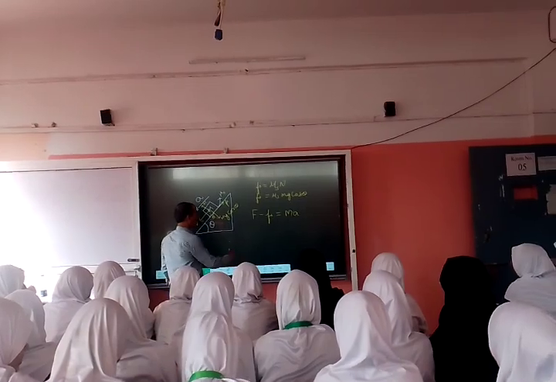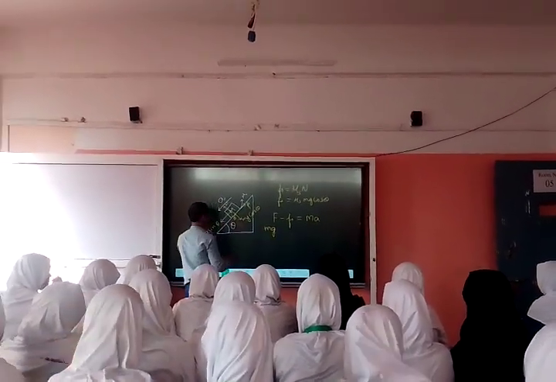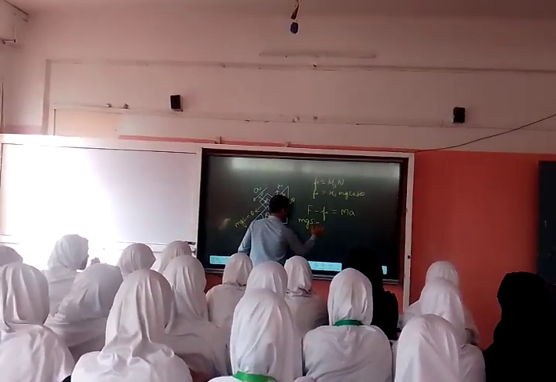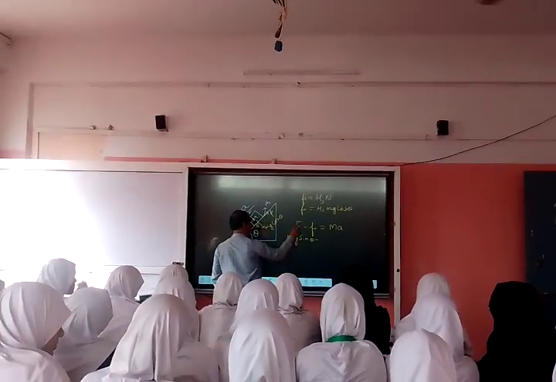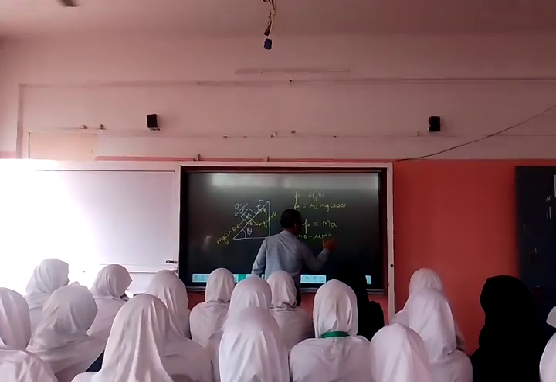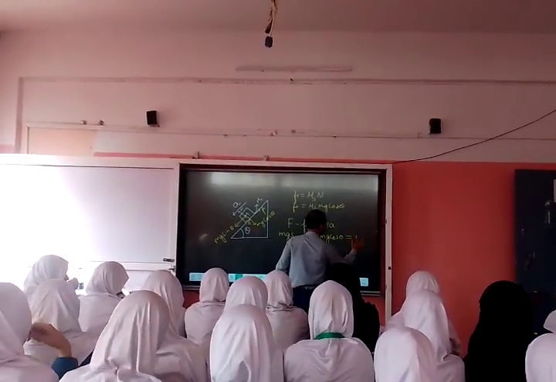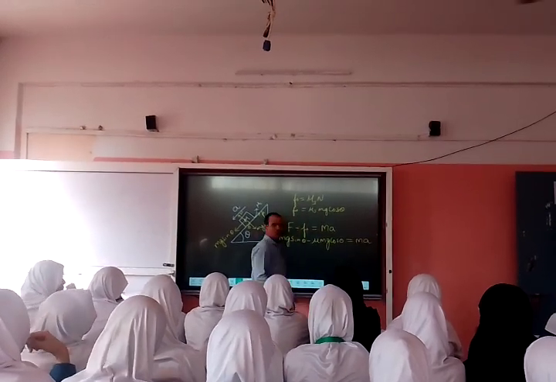That means F can be written as mg sin theta minus the frictional force. The frictional force is mu into mg cos theta, which is equal to m into a.